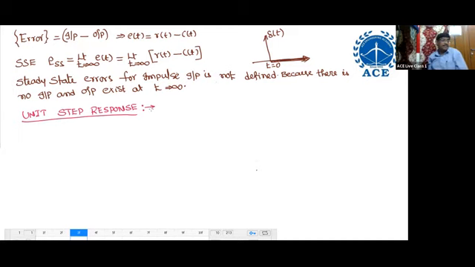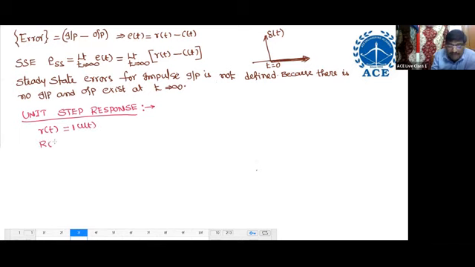Come and do it. Unit step response, you find. What is R of t? Tell. What is R of t? 1 into u of t. Unit step means 1 into u of t.